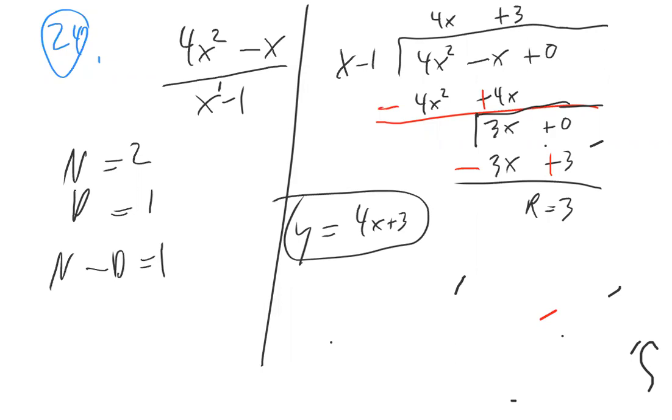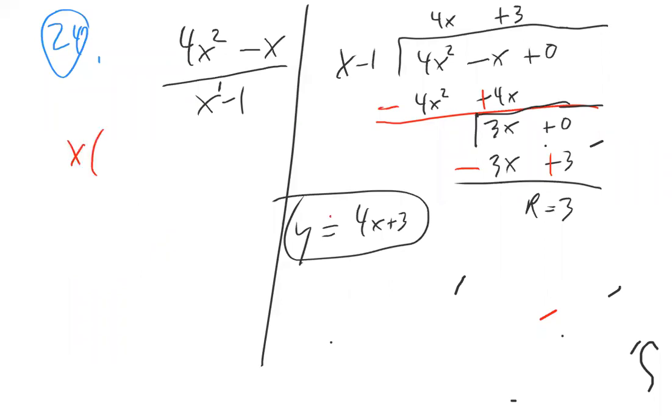And then the next part of the answer is to find the graph. So the graph should show an oblique asymptote like this. Oh, actually, before I do the graph, I need to factor it out on the top.